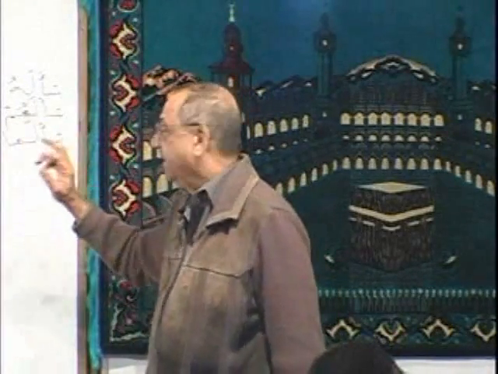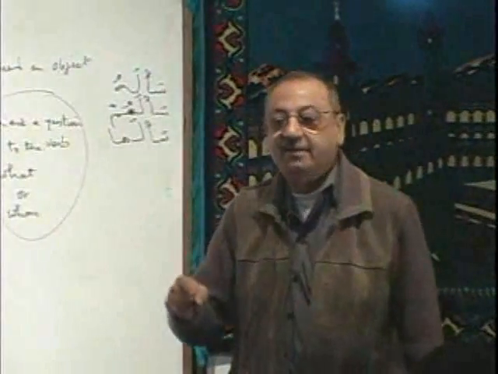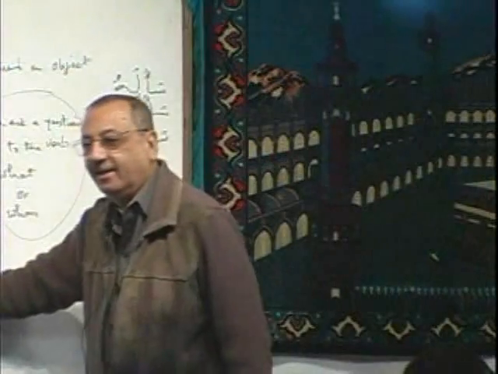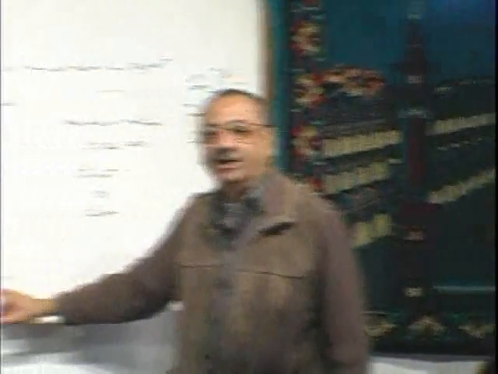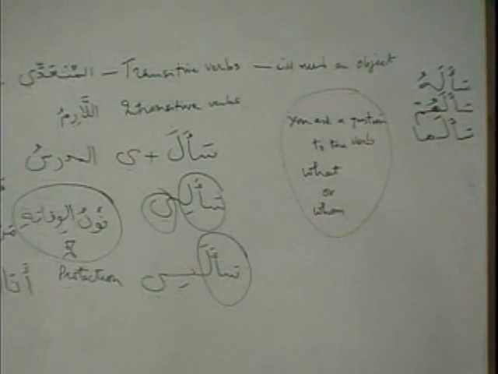Are you with me? Because he is damir mustatir as a fa'il. He asked them. He asked her. He asked you. And if I say sa'alani only, then he asked me. And then sa'alana, you do not need noon of protection.